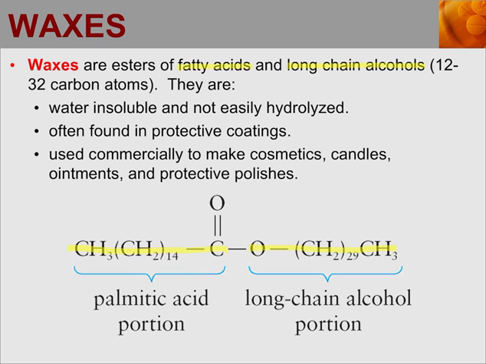We've talked about making esters in the past, and remember it involves a carboxylic acid and an alcohol. So that's called esterification. In this case, the fatty acid is coming from palmitic acid, which was a carboxylic acid.